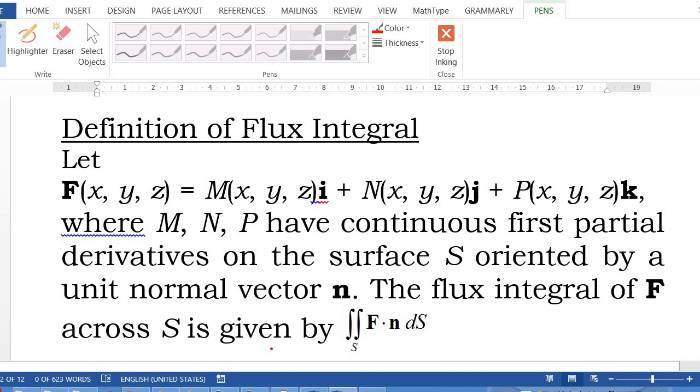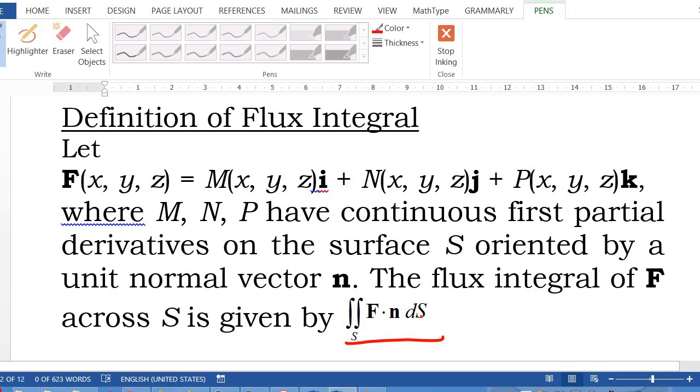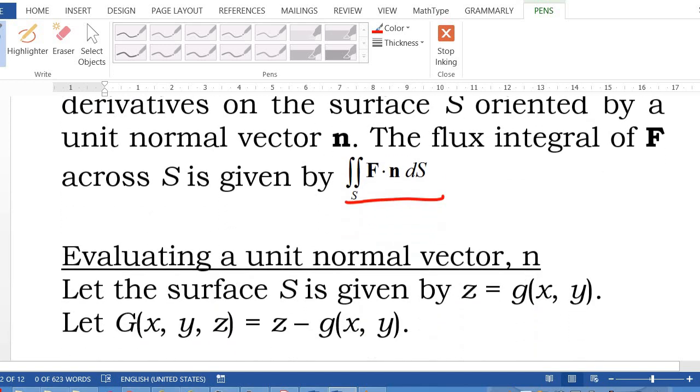The flux integral of F across S is given by the double integral of F dot n dS. The capital S is one unit of surface area across the surface S. Lowercase s is one unit of arc length, what you learned in line integral of scalar field.